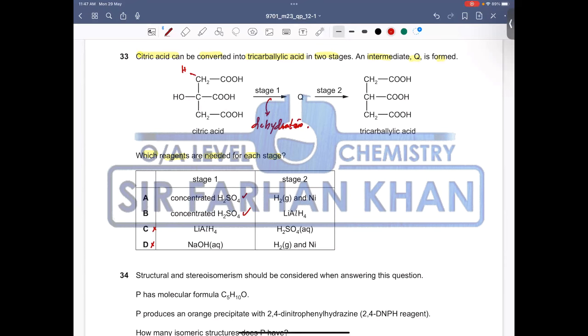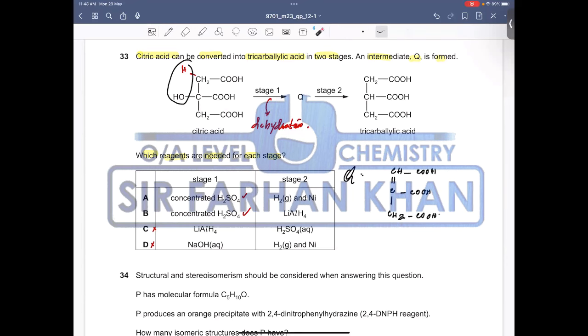If I remove these two, obviously a double bond exists between these two carbons. So let me make the structure of Q. This is going to be CH double bond C, COOH, COOH, and this is CH2COOH.